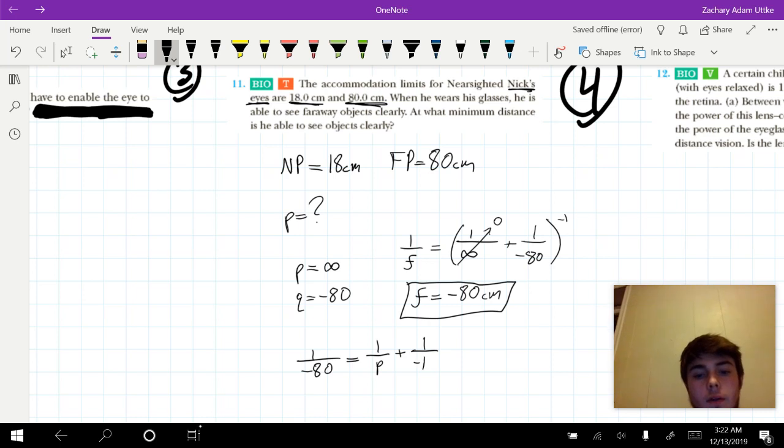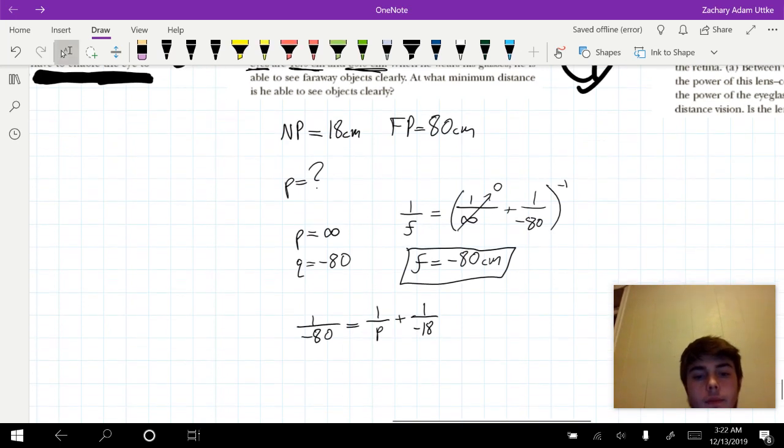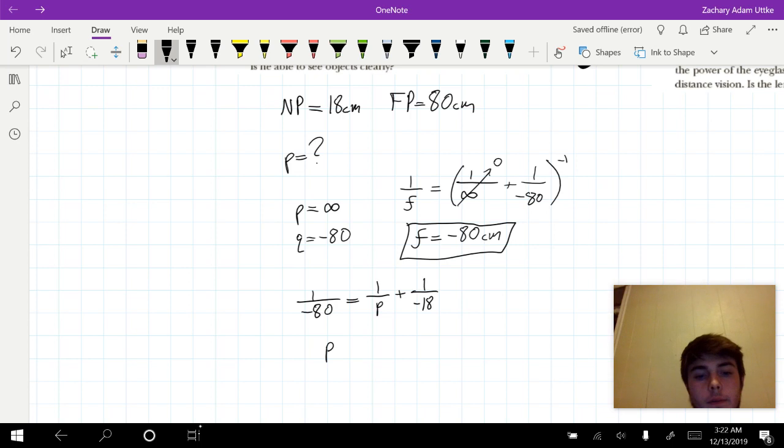We have to use negative 18. Okay, so for P equals 1 over negative 80 minus 1 over negative 18, inverted. So let's see what our calculator gives us.